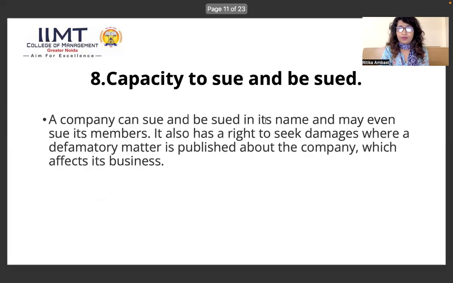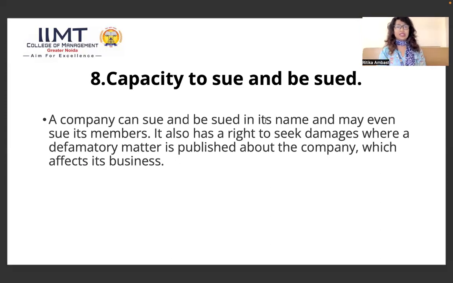Next feature is the capacity to sue and be sued. As we have already discussed, a company is a person, an artificial person in the eyes of law. So it has the capacity to sue and it can be sued also.